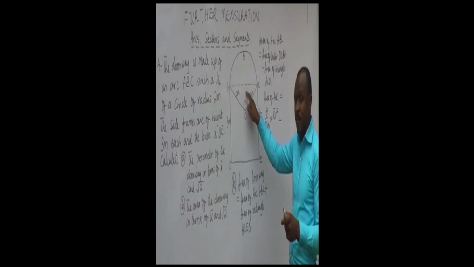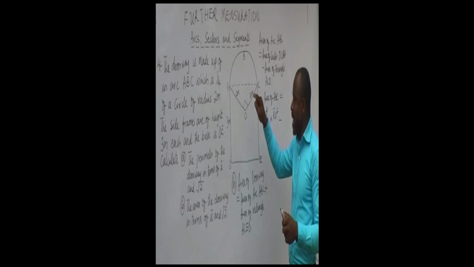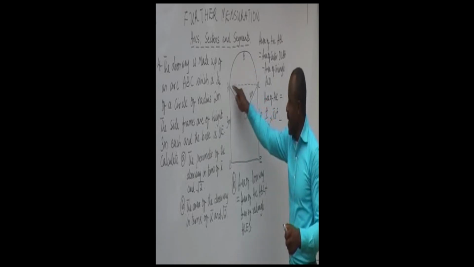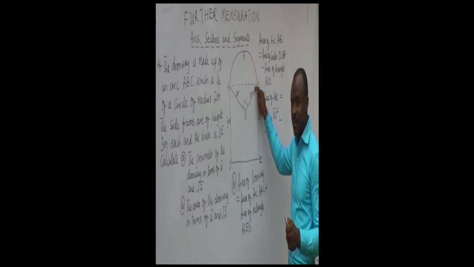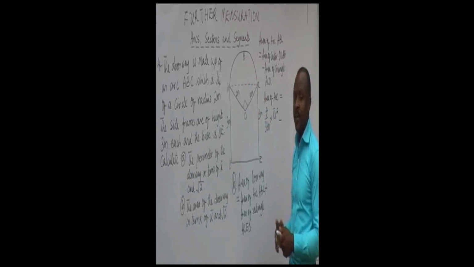Just as you have here, half times this side AC times this side CO, then times the sine of this angle will give you the area of this triangle.